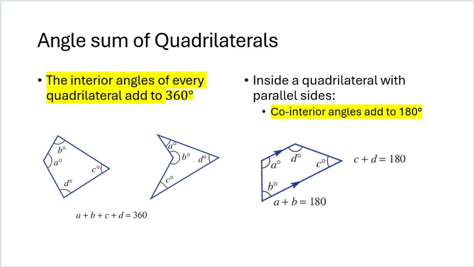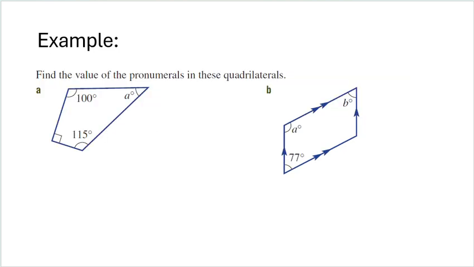Now, finally, inside a quadrilateral with parallel sides, parallel are these arrows here. So every time you see these arrows, that means they are parallel. So the co-interior angles add up to 180. So what you'll notice is A plus B equals 180, and then D plus C equals 180 as well.